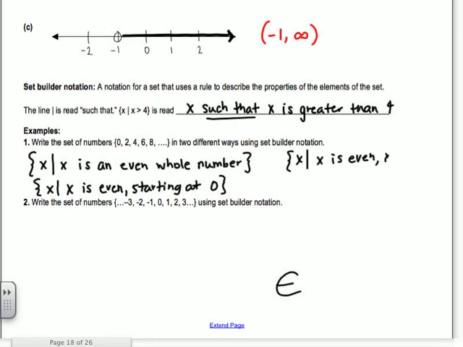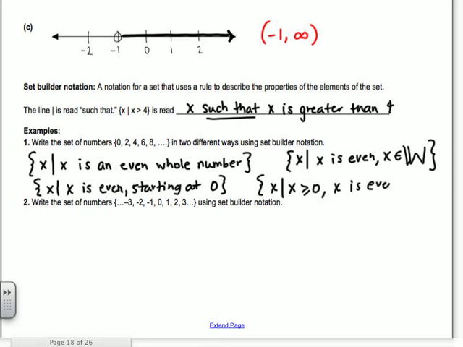So x is an element of the whole numbers, so we're going to do the fancy W. So it's even and it's a whole number. There's lots of different ways you could write that. Another way: x such that x is greater than or equal to 0 and x is even.